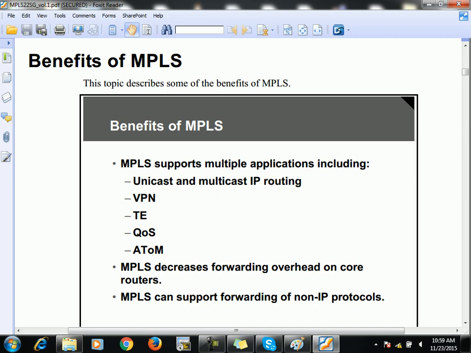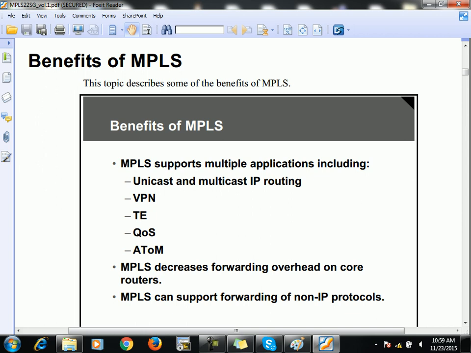Traffic engineering, TE, we are not going to cover here. Quality of service, of course we will cover that. AToM, Any Transport over MPLS, is also called layer 2 VPN, right?